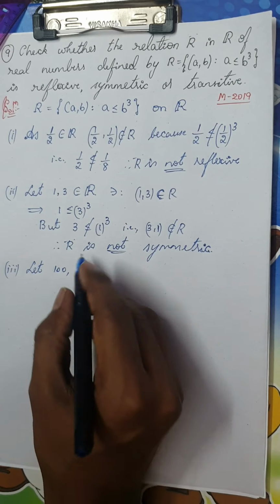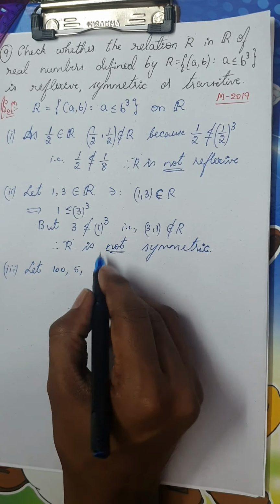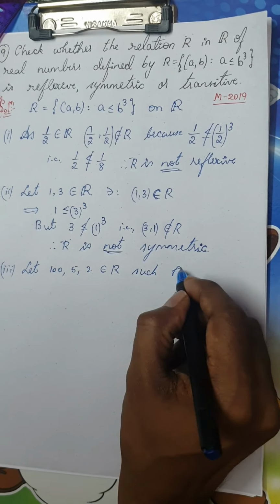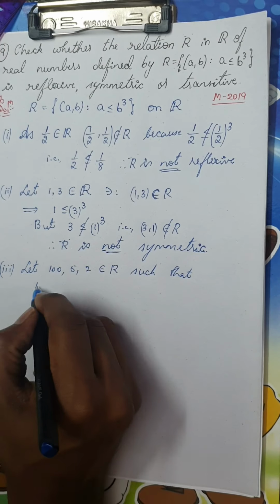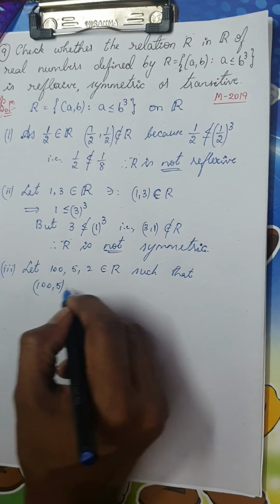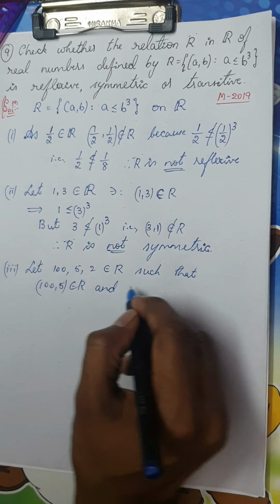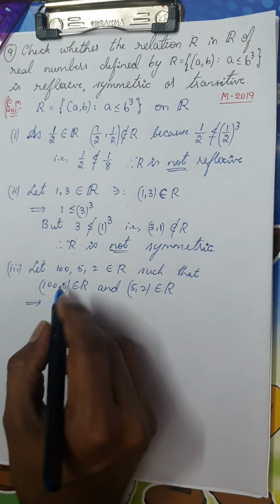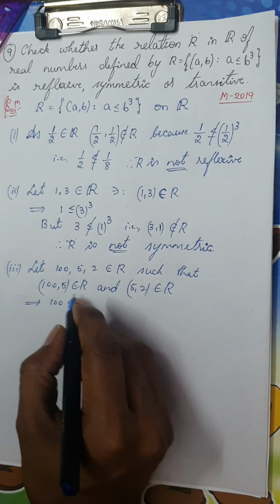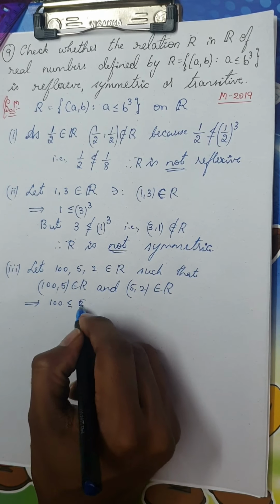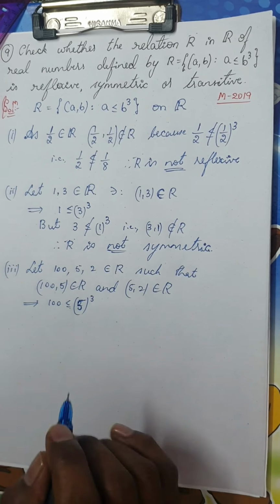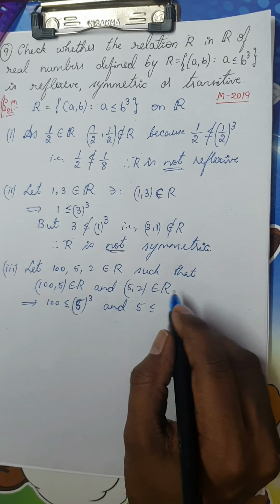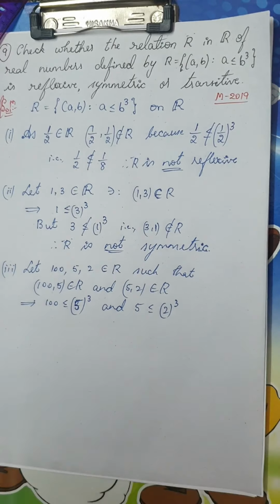I'm considering 100, 5 and 2, belonging to the real numbers, such that (100, 5) belongs to R and (5, 2) belongs to R. That implies 100 is less than or equal to 5 cube, and 5 is less than or equal to 2 cube. Correct?